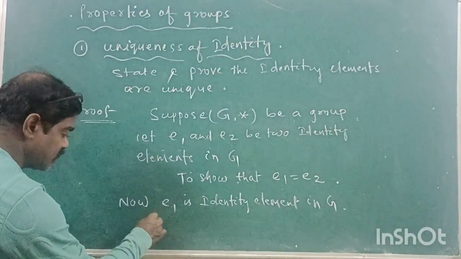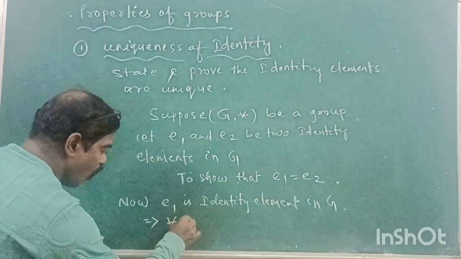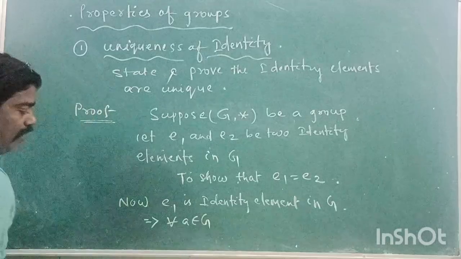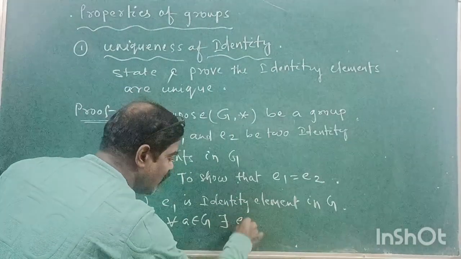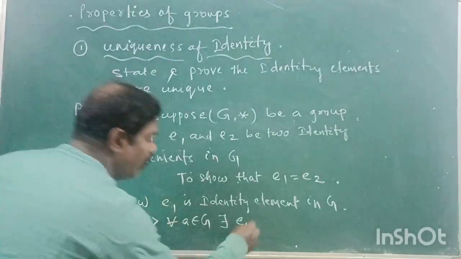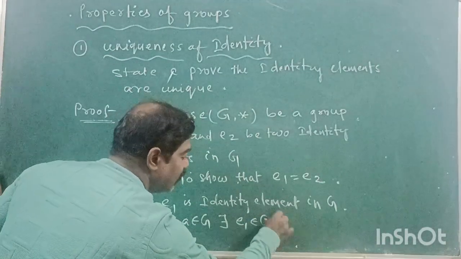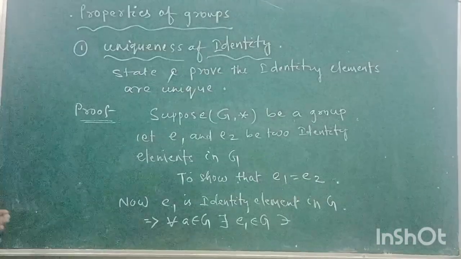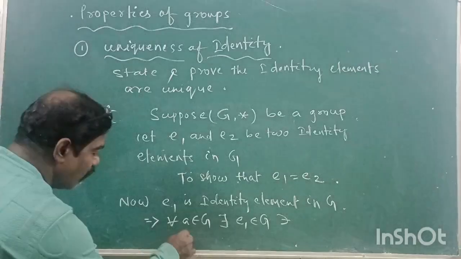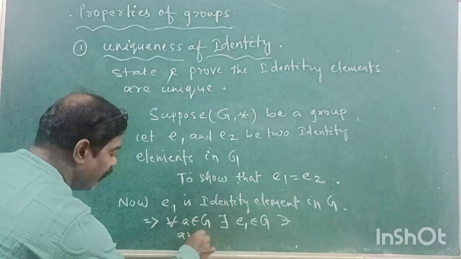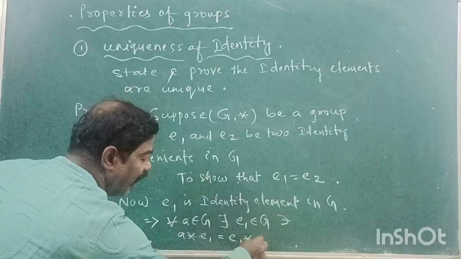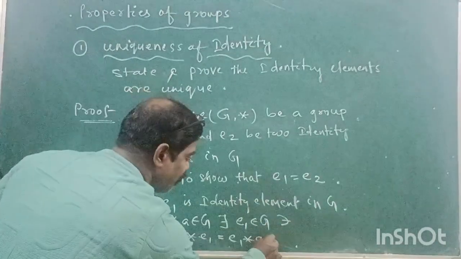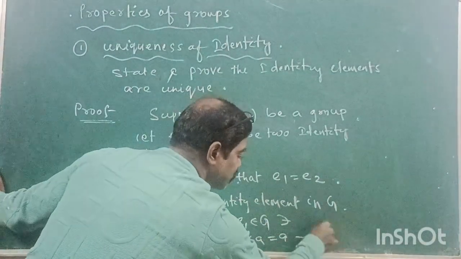This implies for all A belongs to G, there exists an identity element. What have you taken? E1 belongs to G such that A star E1 is equal to E1 star A is equal to how much? A. Equation 1.